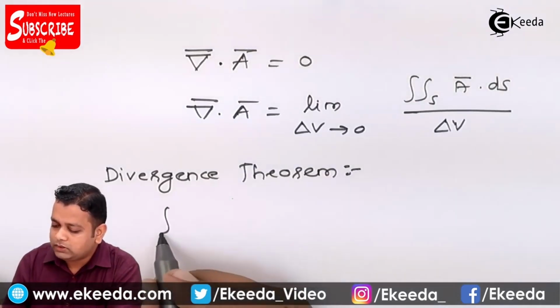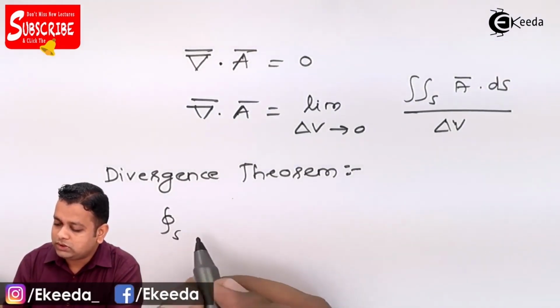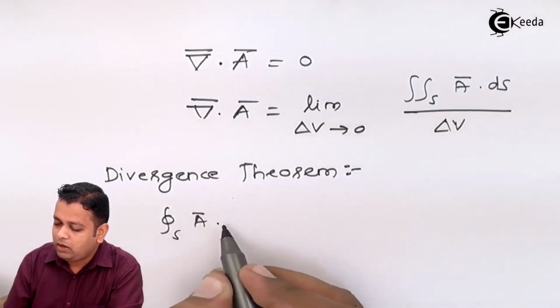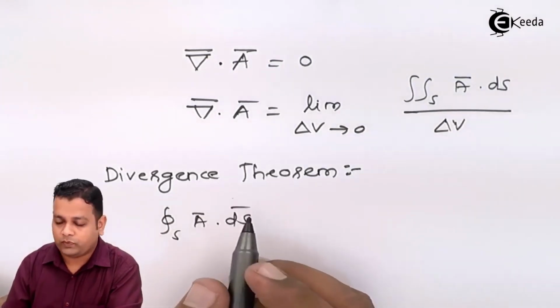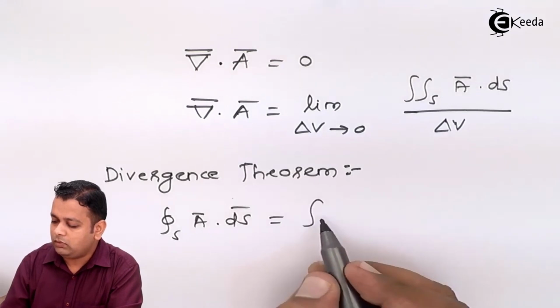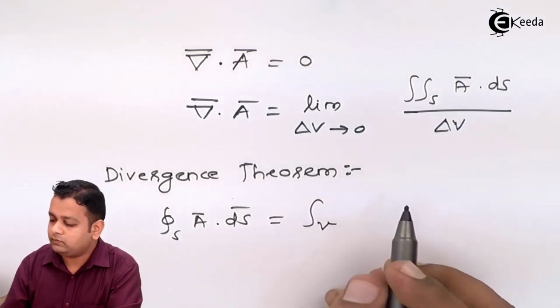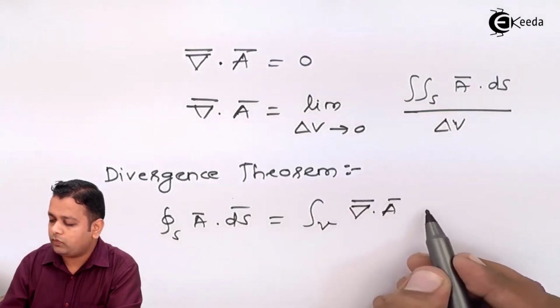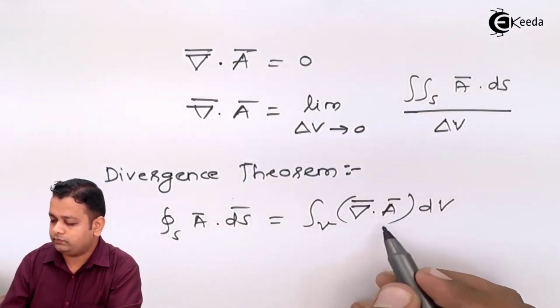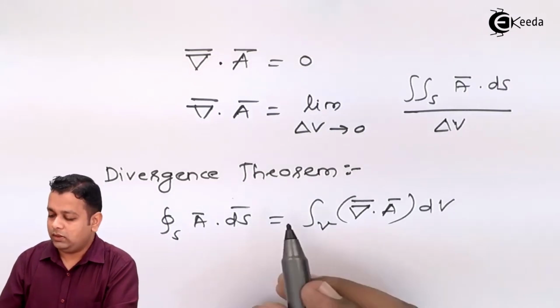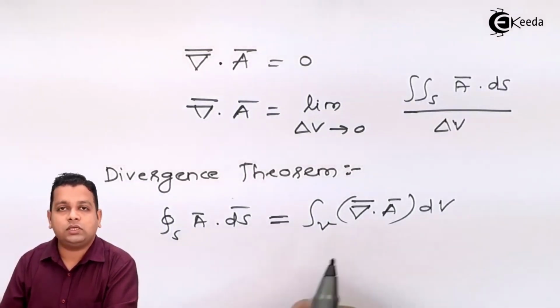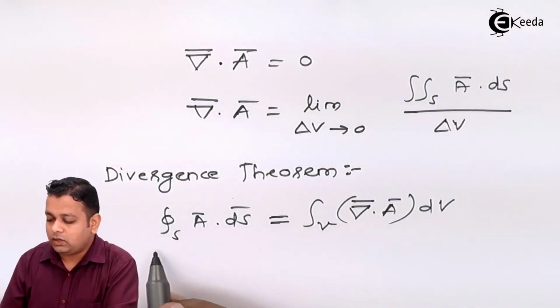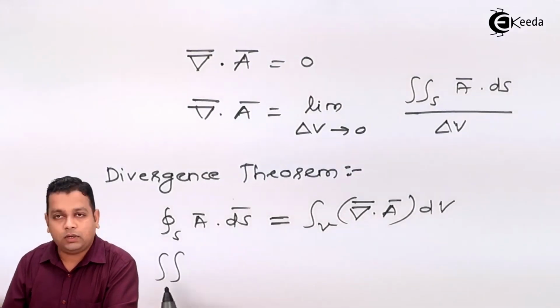One form is, let us say, the closed surface integral of A bar dot ds bar, which is nothing but the volume integral of divergence of A bar dv. You can say that both these things are the same. Why? Because surface integral is double integral.